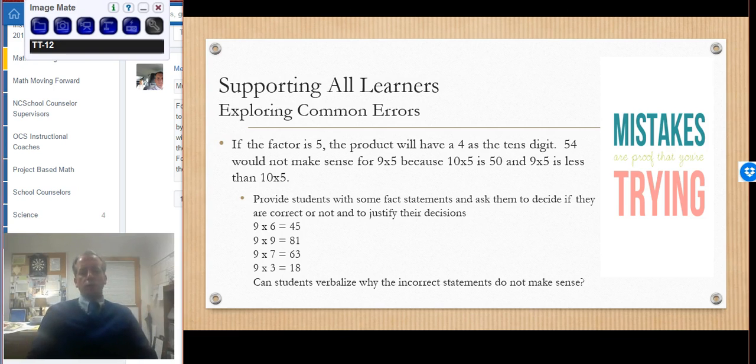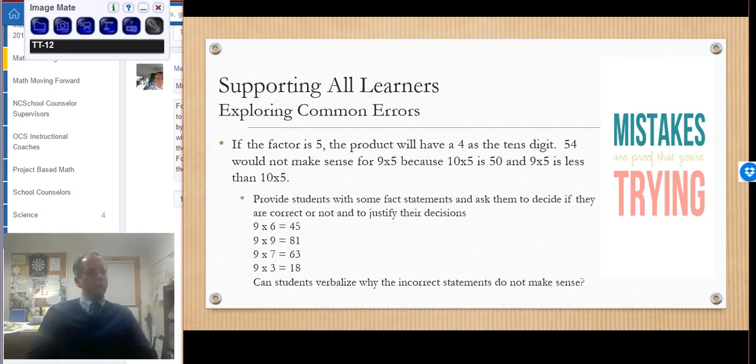It's saying, okay, if I understand that 5 times 10 is 50, then 5 times 9 has to be less than that. So if I see something like 9 times 6 is 45, well, 10 times 6 would be 60. So is that close enough to 60? That one may or may not trigger me.